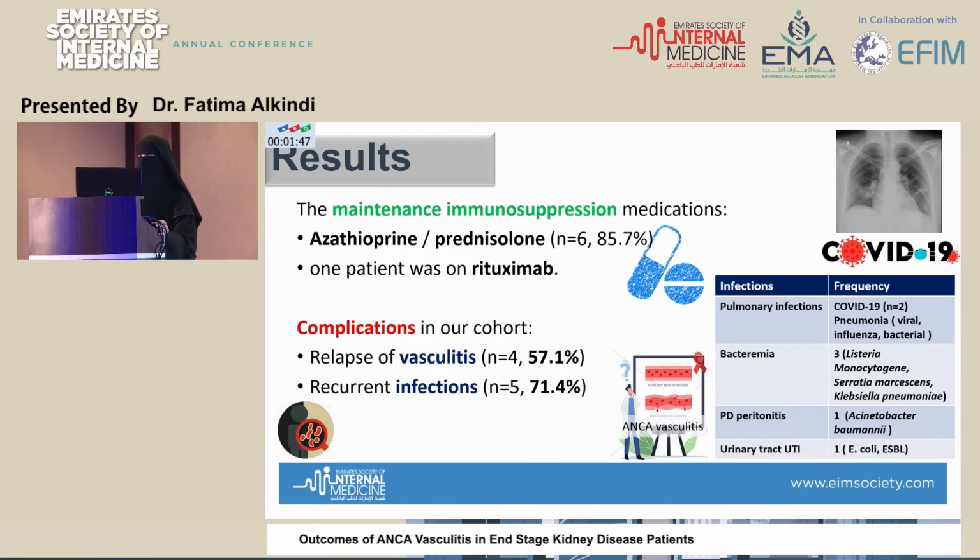For the infection, the majority had predominantly pulmonary infection, bacteremia was found in only 3 patients, and peritonitis in only 1. We also have 2 patients who had COVID infection. Luckily, they had mild disease without major problems, and they improved without the need of any antiviral therapy.